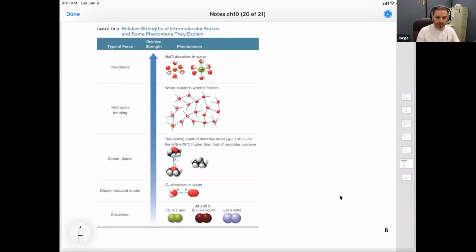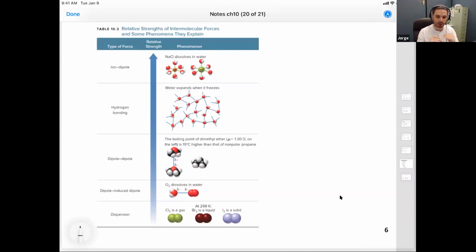Then hydrogen bonding: hydrogen bonded to fluorine, oxygen, or nitrogen. And then ion-dipole, an ion interacting with a polar molecule. It is not in this figure, but higher than that, we can have the ion-ion interaction.